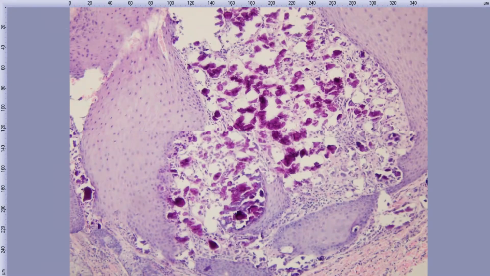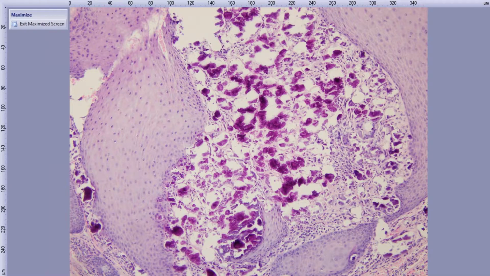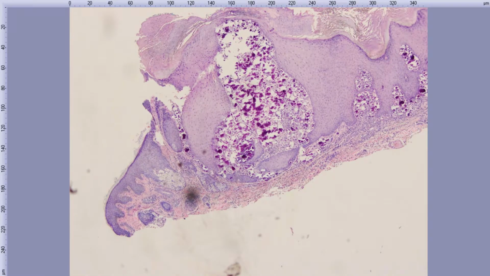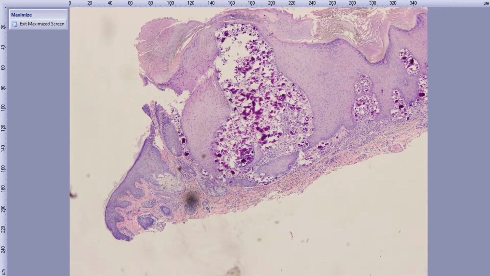And when we see calcium in the skin, that's sort of a general thing. We generally call it calcinosis cutis. Of course, when we do see calcium, there's a lot of different reasons that it could be there, and specific entities that could cause that.